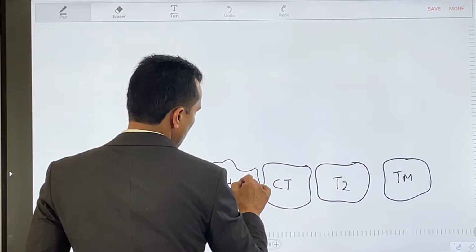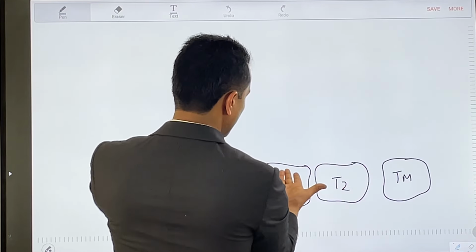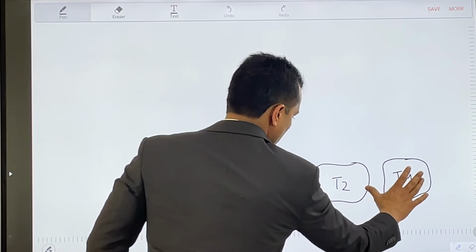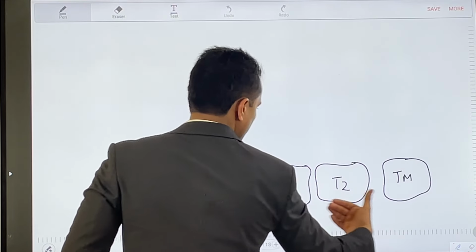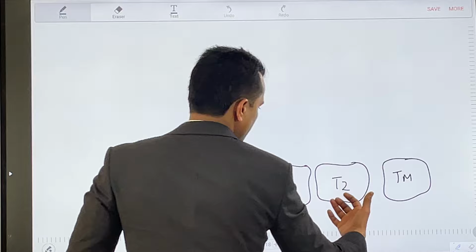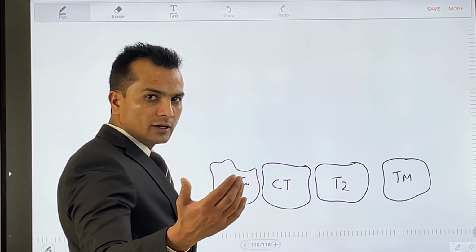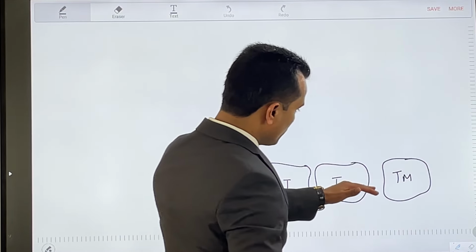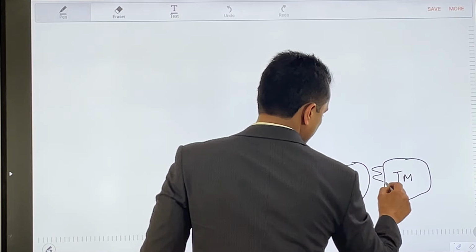So you have to focus that these are the 4 bones on the floor, the carpal bones of the distal row: trapezium, trapezoid, capitate, hamate. Just in front of the trapezium we have the scaphoid, and other bones in the proximal row like lunate, triquetrum, and pisiform. But these 4 are the bones of the distal row which are on the floor of the tunnel.